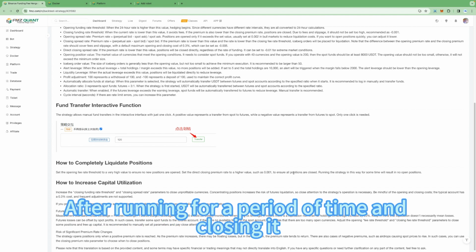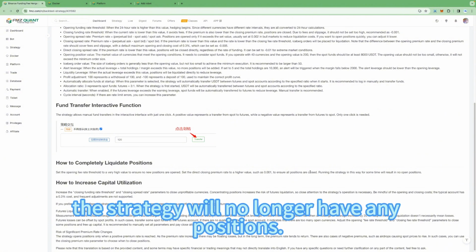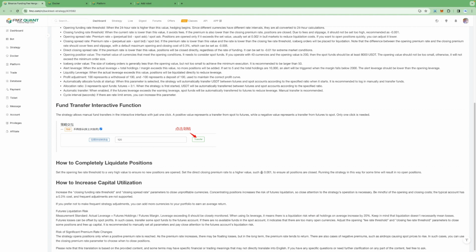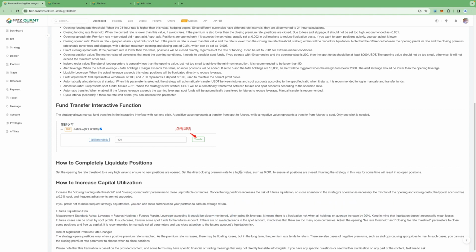The strategy will no longer have any positions. In this way, we close all positions in the strategy.